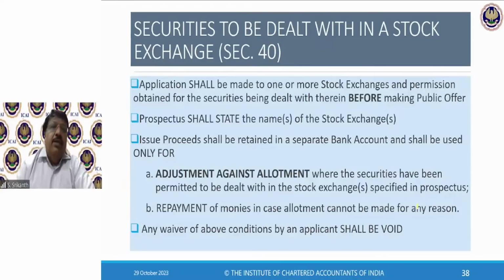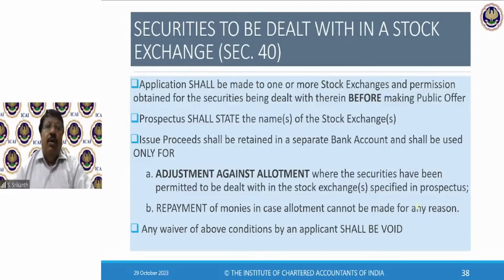This is another section, Section 40, which says, if you want to have your shares listed, if you are issuing a prospectus, then compulsorily those shares should be dealt with, meaning those shares should be capable of being bought and sold in a stock exchange.